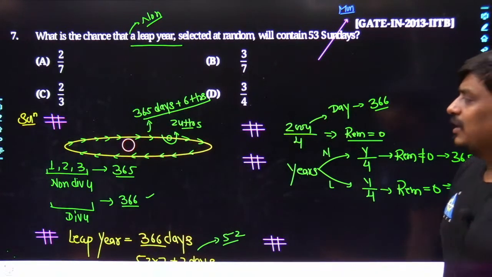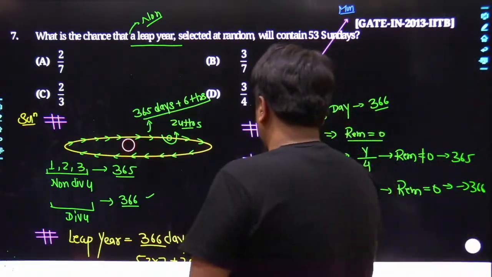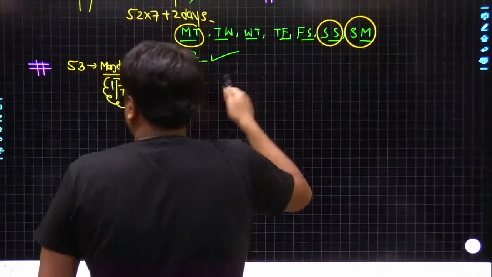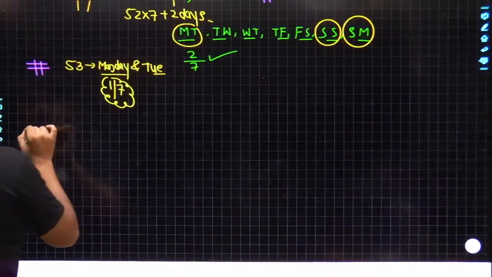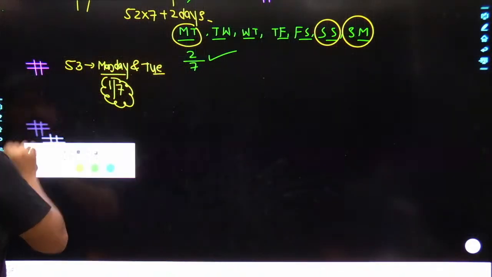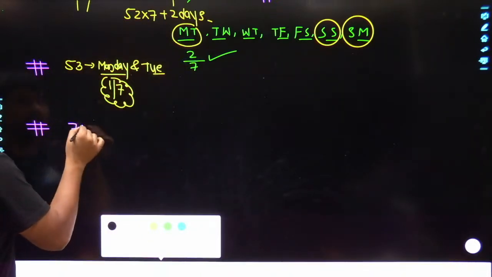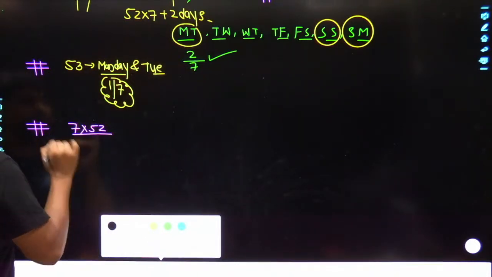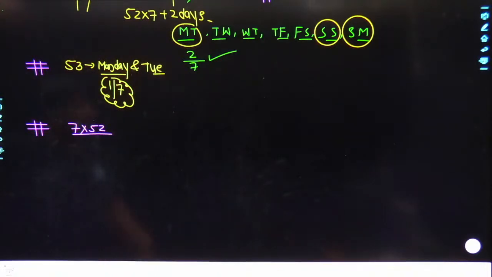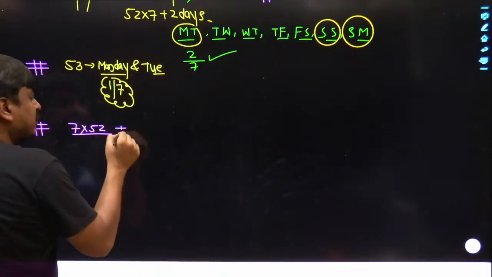In case of a non-leap year, you would have a total of 365 days. And once you have 365 days, the bunch of 7 gets multiplied with 52. That means you will have a total of 52 weeks within that, and it gets added with 1.